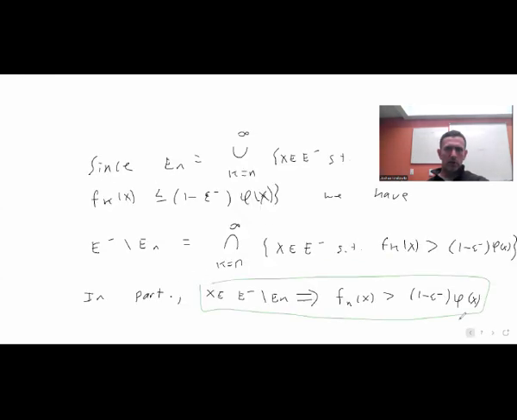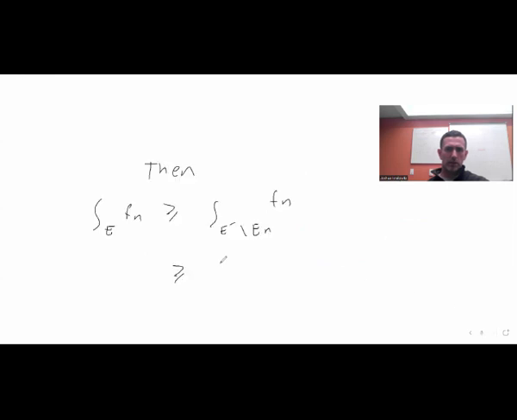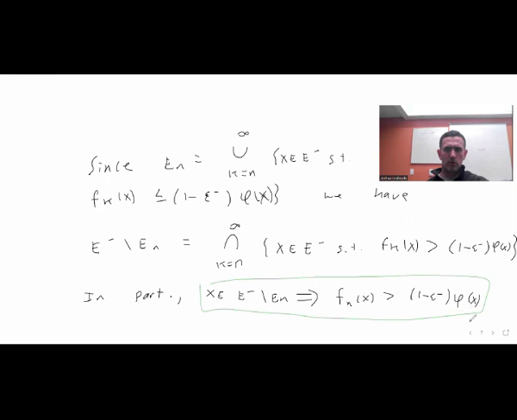Okay, on E prime take away E_n, this is true. So this is bigger than, or bigger or equal to, doesn't matter, 1 minus epsilon prime times the integral of the simple function, phi bar.